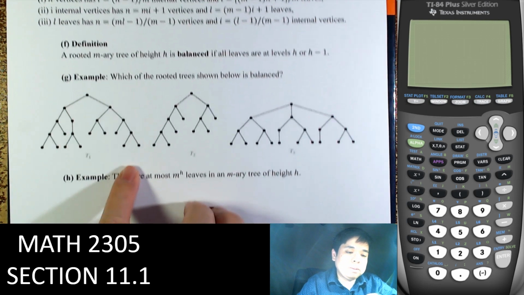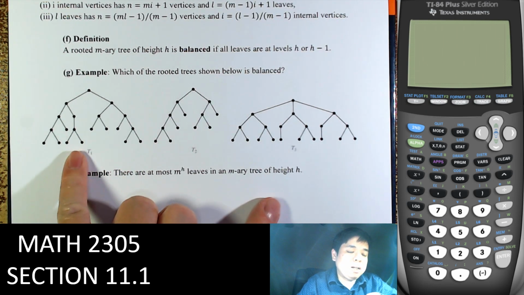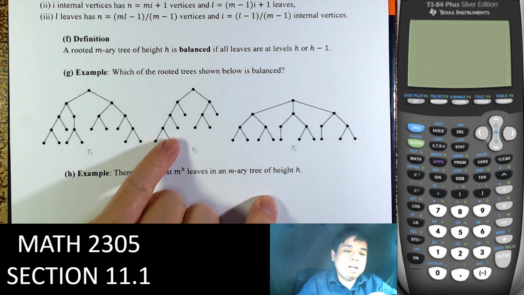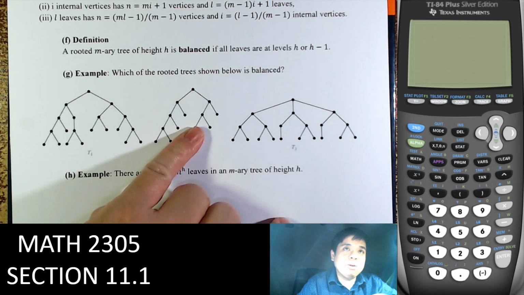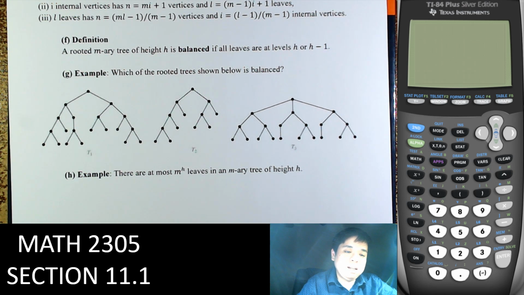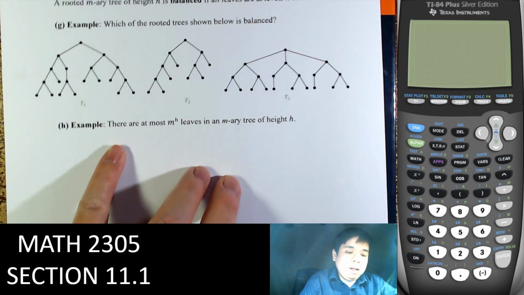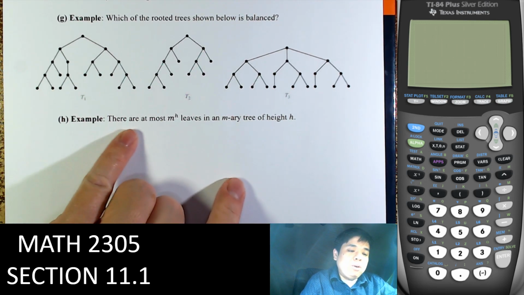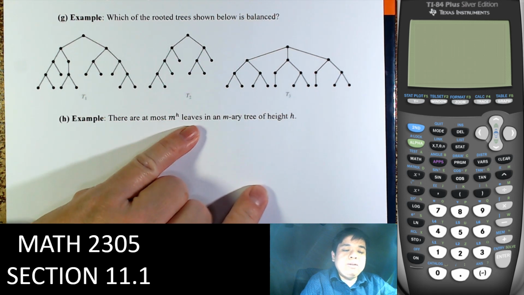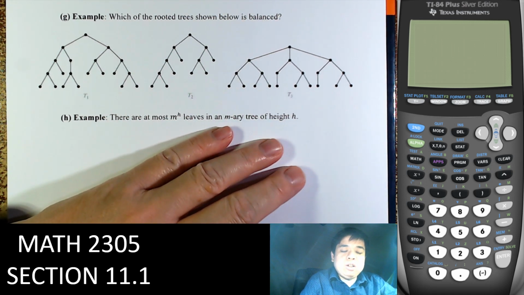So this one is balanced. This one is not, it has leaves at too many levels. And this one is balanced. And finally, there are at most m to the h leaves in any m-ary tree of height h.